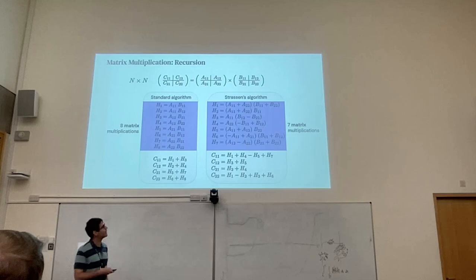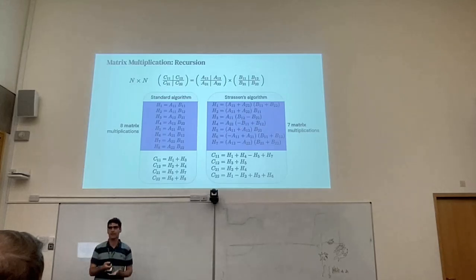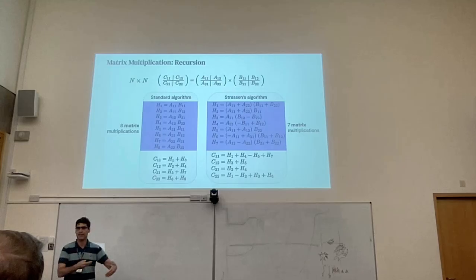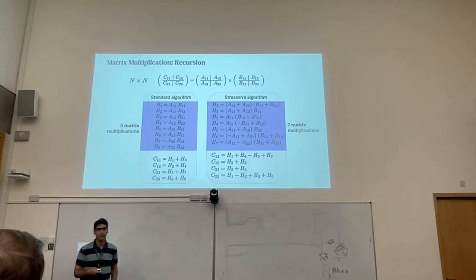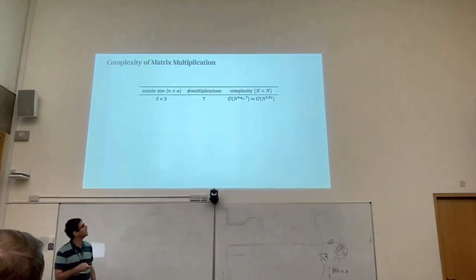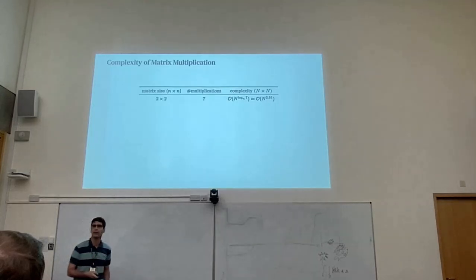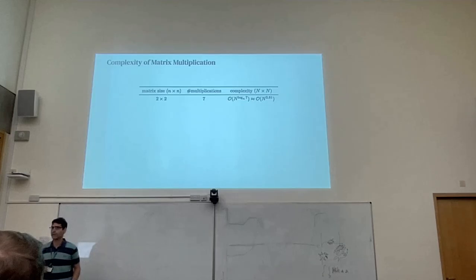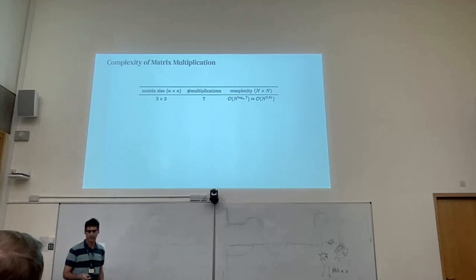Each of these 7 operations is itself a matrix multiplication, so you can recursively apply Strassen to each of them, splitting n by 2 and so on. That would reduce the complexity of matrix multiplication from n cubed to n to the 2.81. And that was the breakthrough. You can do better than n cubed.